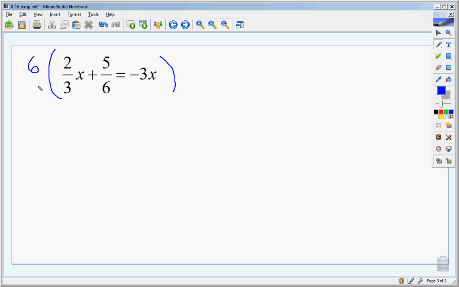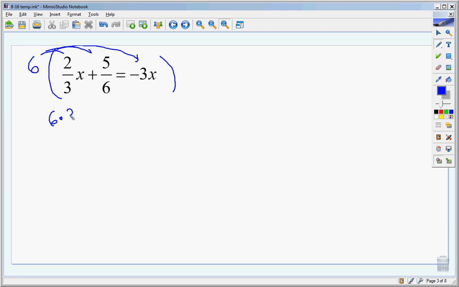Remember, the multiplication property of equality says if I multiply one side of the equal sign by 6, I multiply the other side of the equal sign by 6. So I'm going to multiply every single piece by this 6. Basically, I'm going to distribute it through here. I'm going to write this step out, though typically I would not.